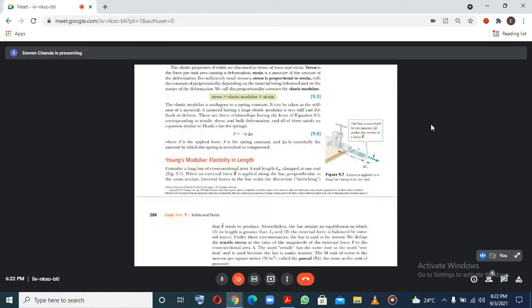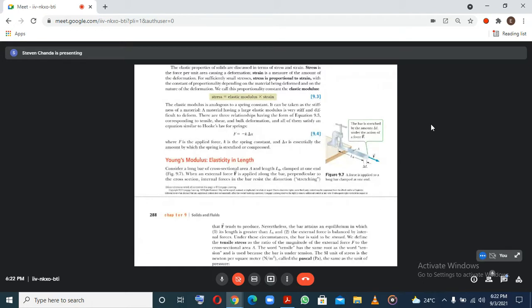So, for sufficiently small stresses, stress is proportional to strain. Why are they saying for sufficiently small stresses? Okay, so stress is what causes deformation.